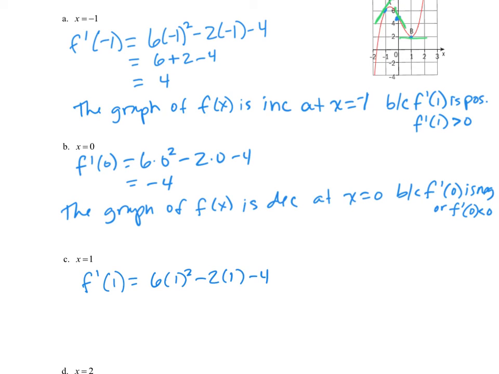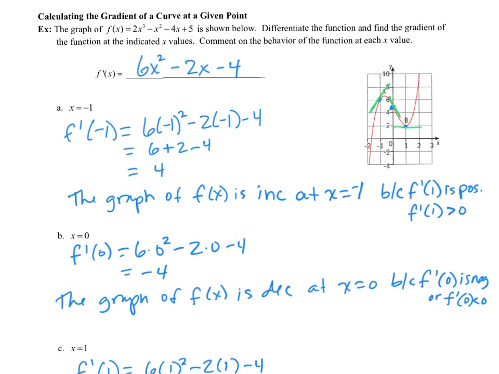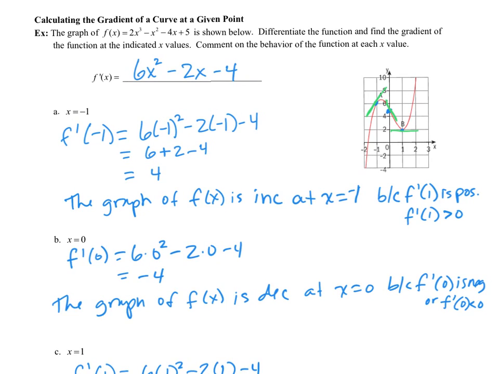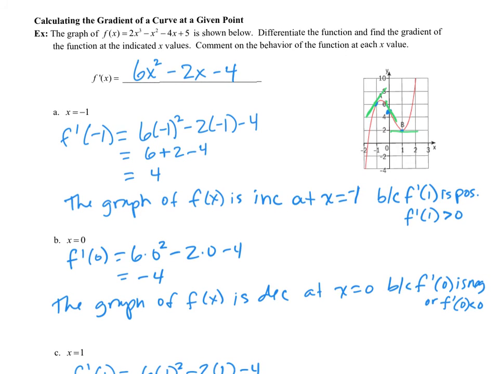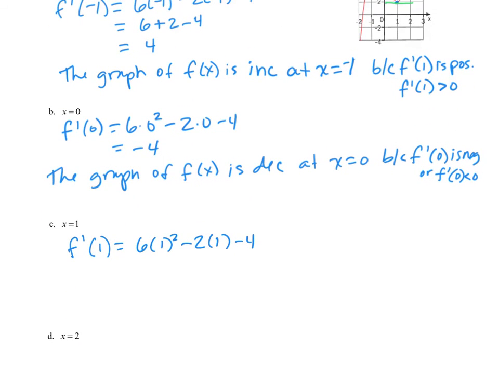Again, I'm evaluating the derivative at x equals 1, so everywhere I see an x, I'm putting a 1 in. So 6 times 1 squared minus 2 times 1 minus 4 gives us 6 minus 2 minus 4. So 6 minus 2 is 4, and 4 minus 4 is 0, and that's what we expected.